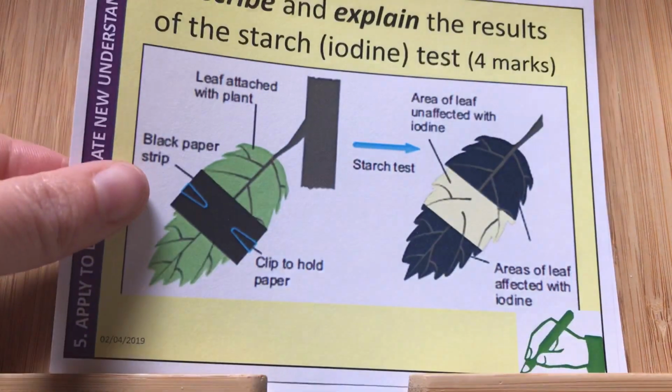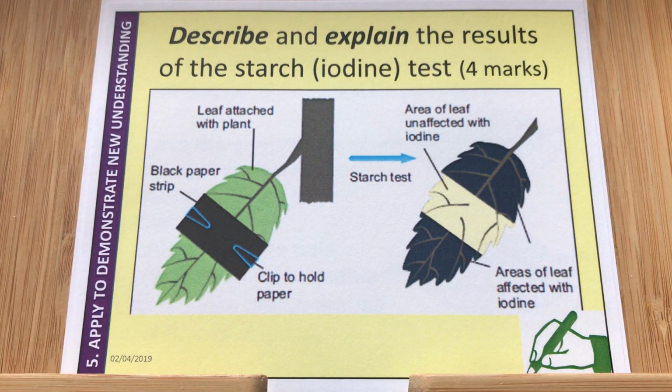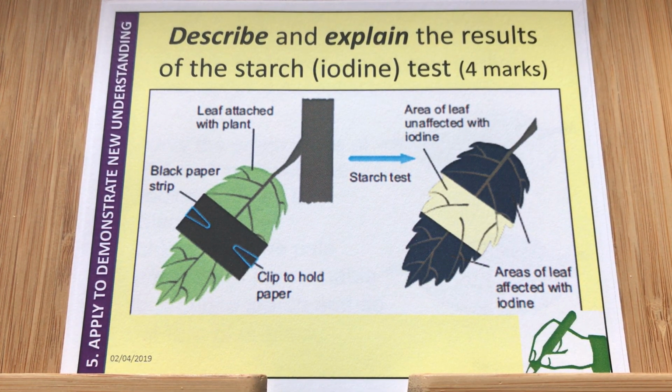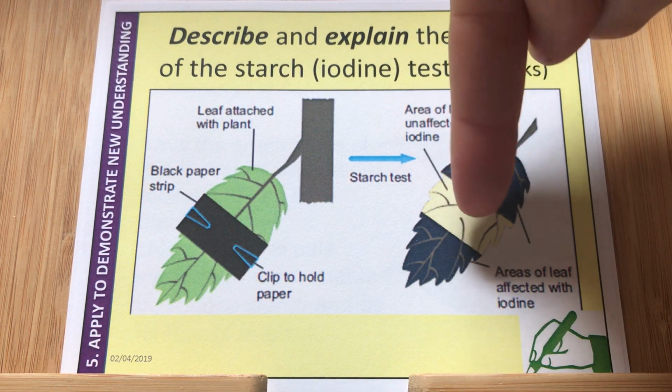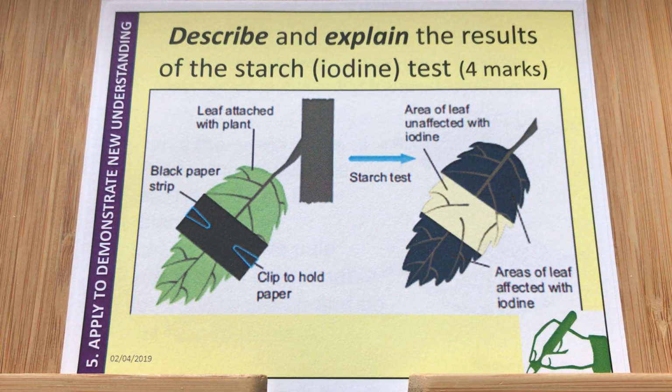We can also see this in an exam question situation like this, where rather than putting the whole plant in the dark or in the light, part of the leaf is just covered up with some black paper. And we can see again, similar to the variegated leaf, if there's no light on this middle section, there will be no photosynthesis, the chlorophyll can't absorb the light, so therefore there's no starch there.